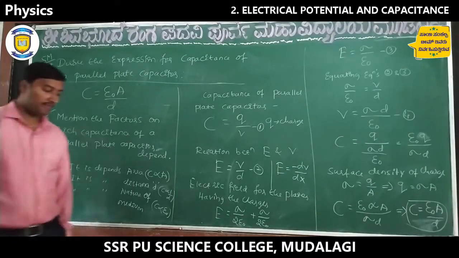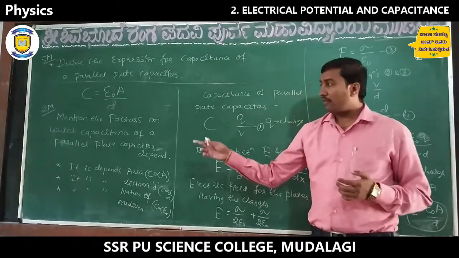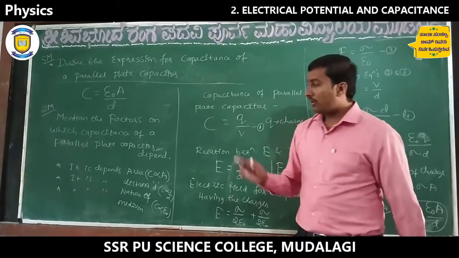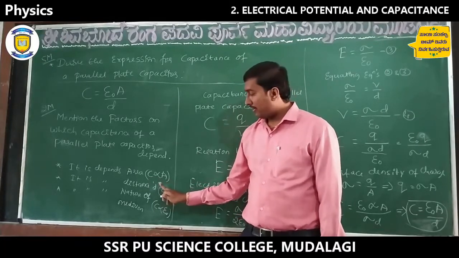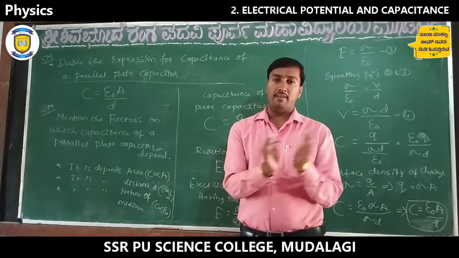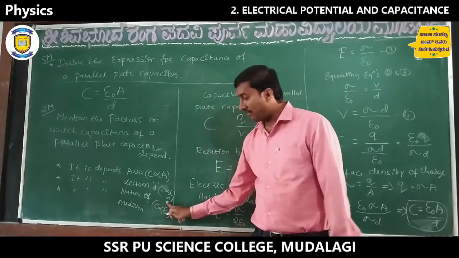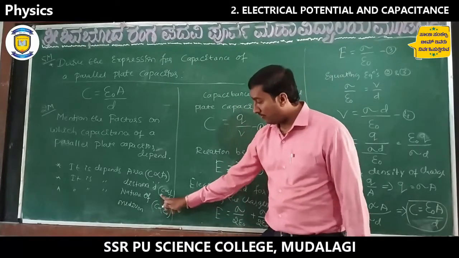Next point is how the capacitance is increased. In what way can we increase the capacitance of a parallel plate capacitor? For example, since it is directly proportional, if the area is increased, then the capacitance is also increased, right? If the distance is increased, then the capacitance decreases, because it is inversely proportional.